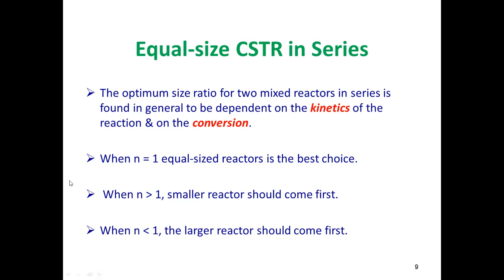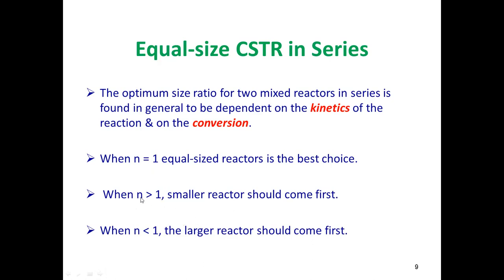This even came out of the quiz bowl, in the national quiz bowl questions during peachy conventions. So this was asked, what is the optimum size ratio for equal size reactors in series if the order of the reaction is greater than 1.